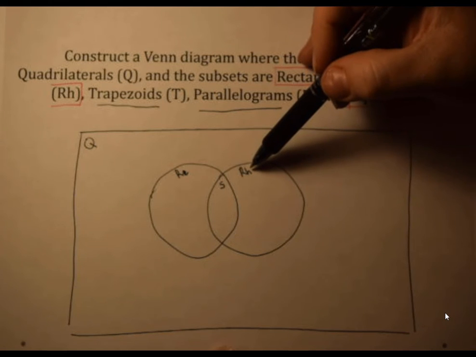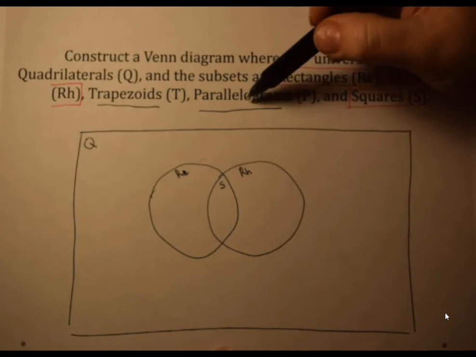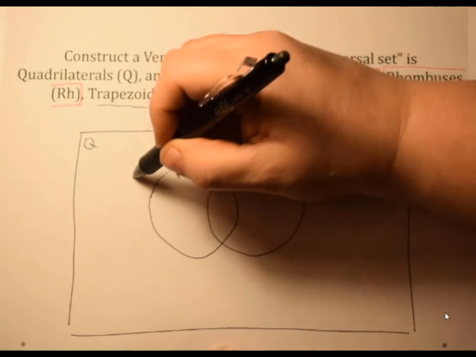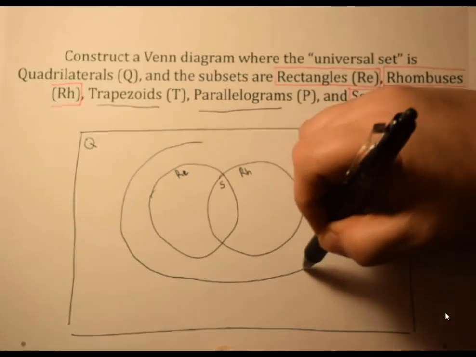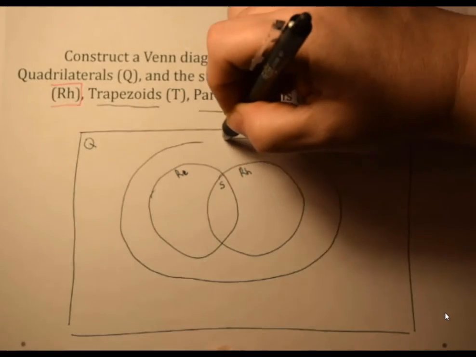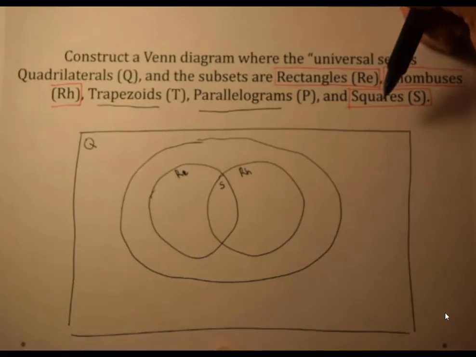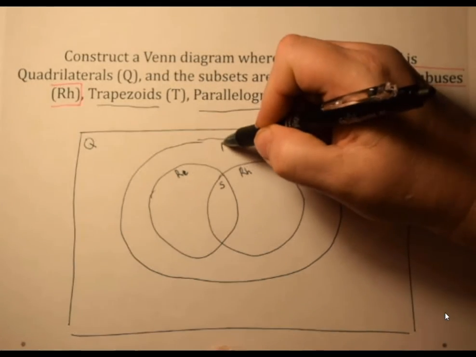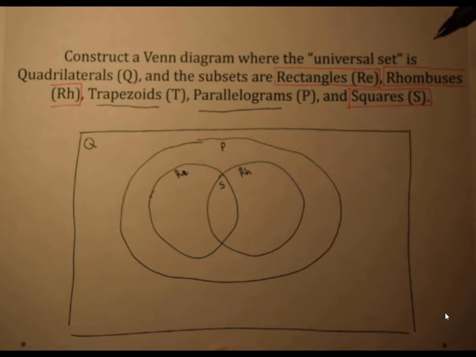And same thing with any rhombus. So any rhombus that we could think of is also a parallelogram. So all the parallelograms are going to include all of these shapes, but then some more. So this is going to be our set of parallelograms.